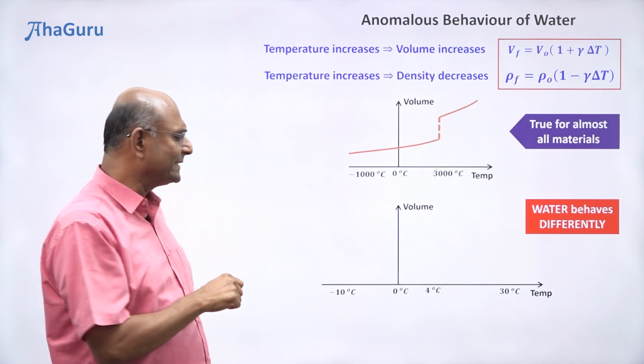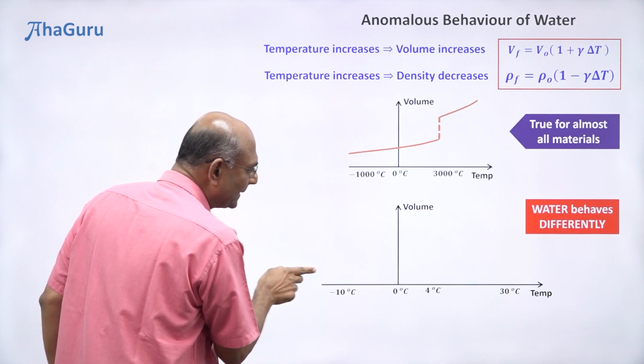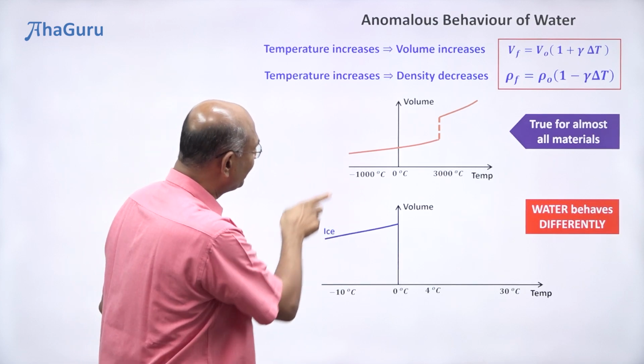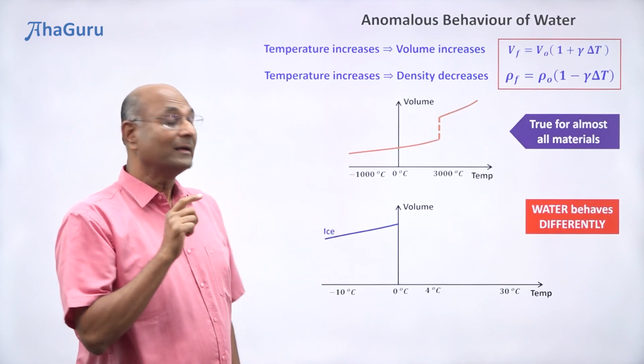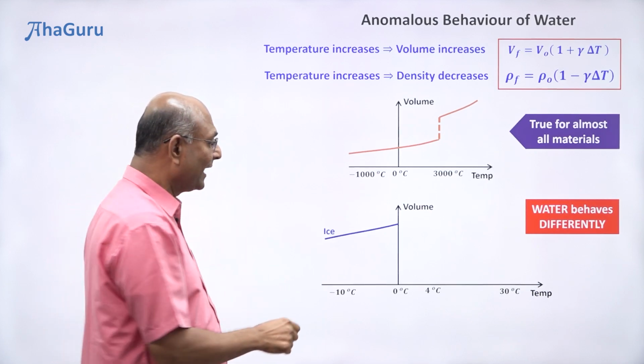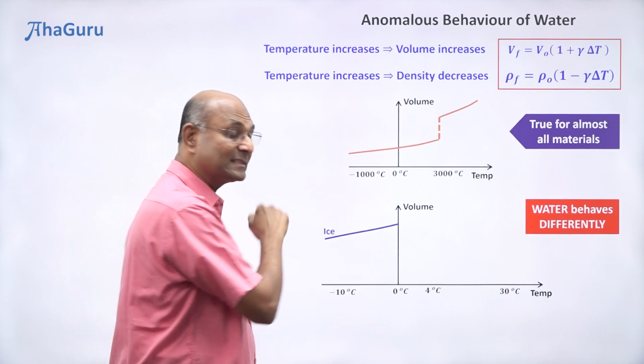So let us start with ice. So if I start with ice, let us say the volume was like this. As the temperature increases, what is going to happen? Well, it doesn't seem very different, right? Volume increases. So far, it behaves exactly like all other materials, except at 0 degrees Celsius, something else starts happening. Ice starts to melt.